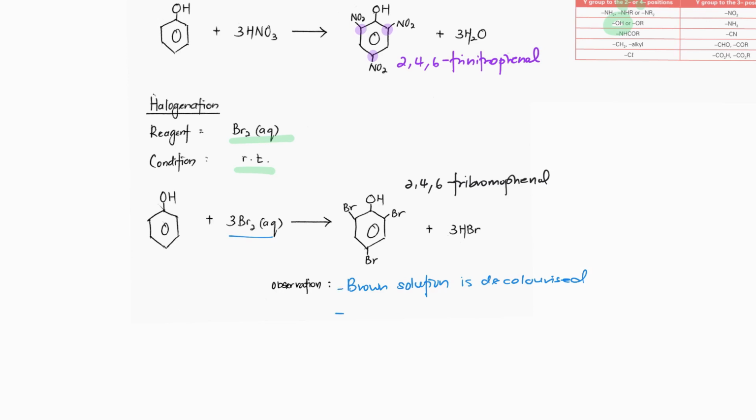Next, we will get a white precipitate in this reaction as well, which is the 2,4,6-tribromophenol. This would give us 2 marks.